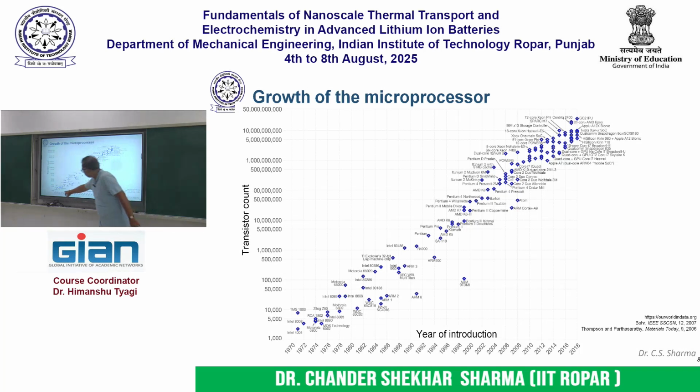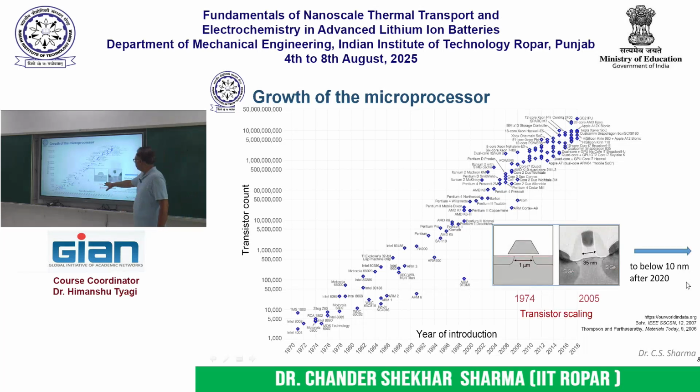And here is what we have seen in the last many decades. So here is your first commercial microprocessor, Intel 4004, with just 2300 transistors, and this data is not updated. This is up to 2018, but even in 2018 we have processors with a few billion transistors, okay. And this has all been made possible through miniaturization.